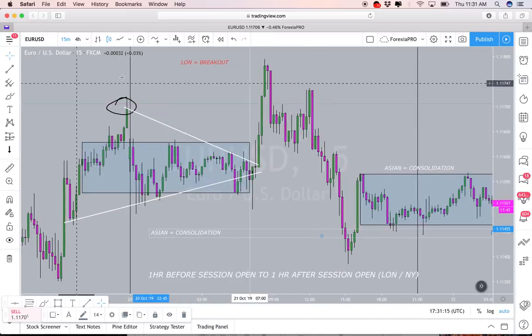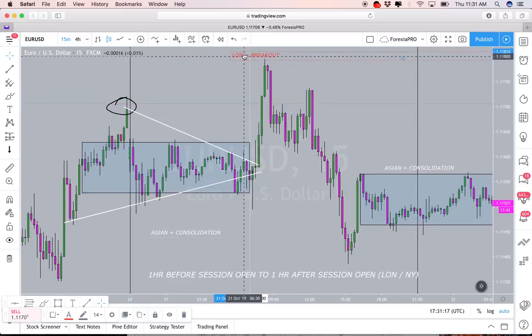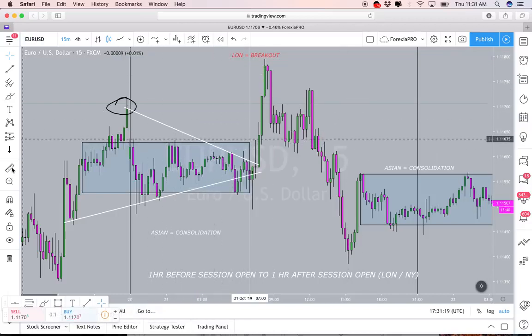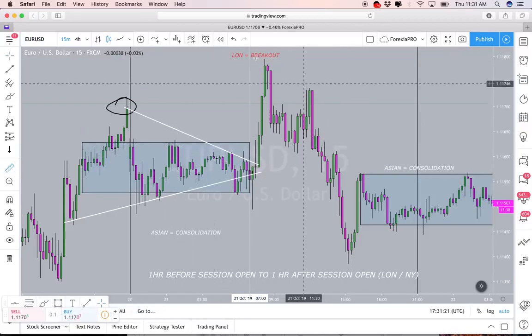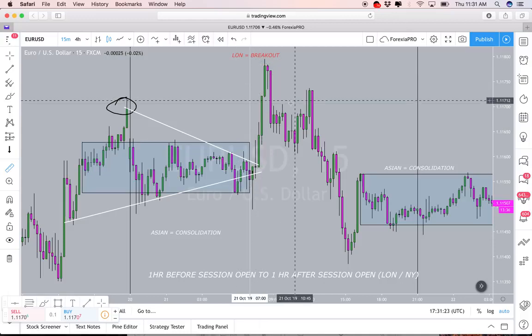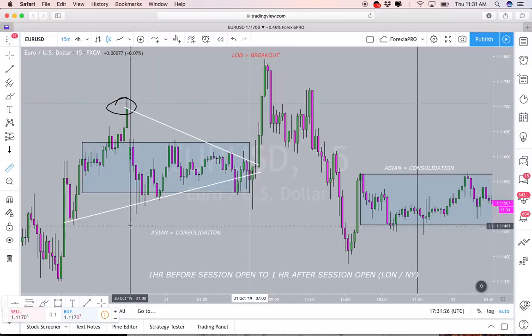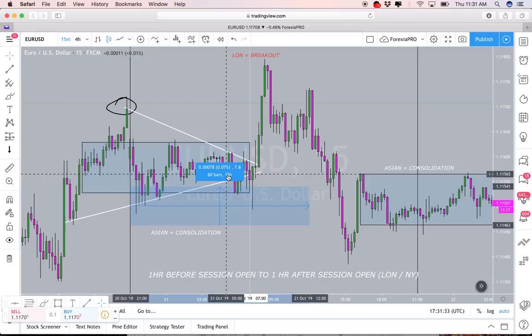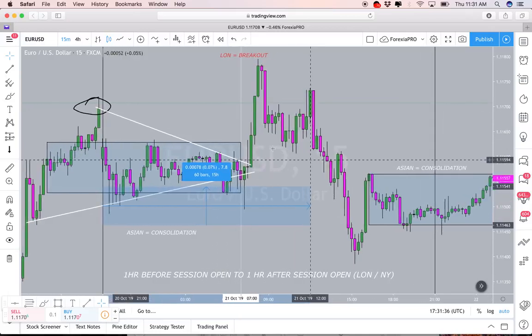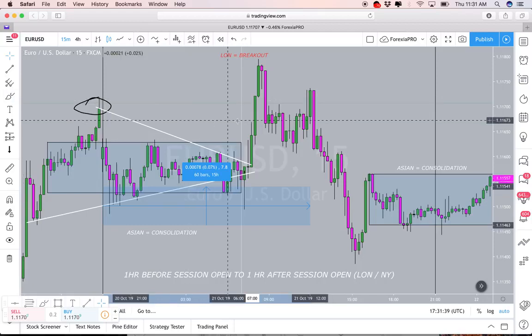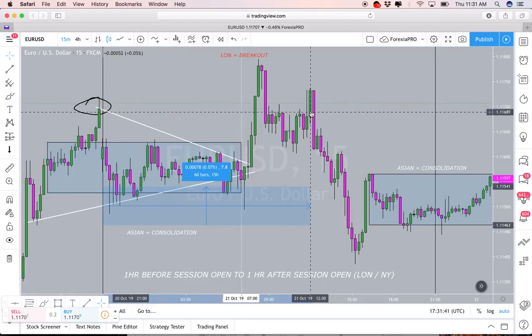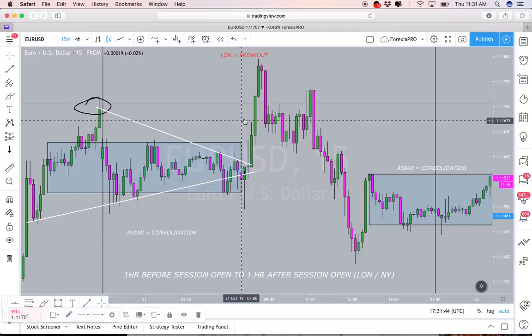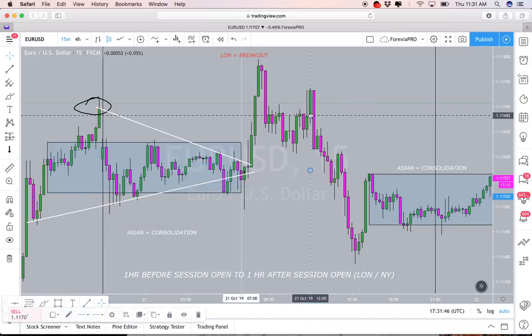Now let's look at the London session breakout. Then we have the next session, 5 hours after London session, the New York session. So let's look at this. It would be 15 hours in. 15 hours right here. Boom. Notice how right at this candlestick here, it's another inducement.